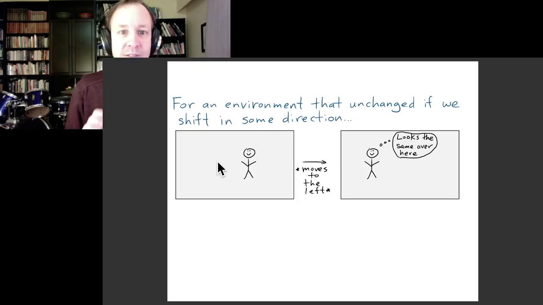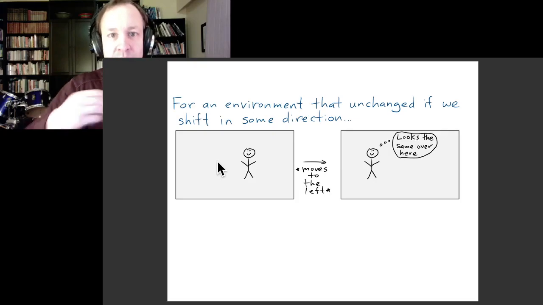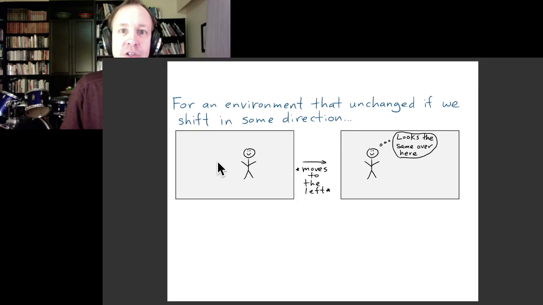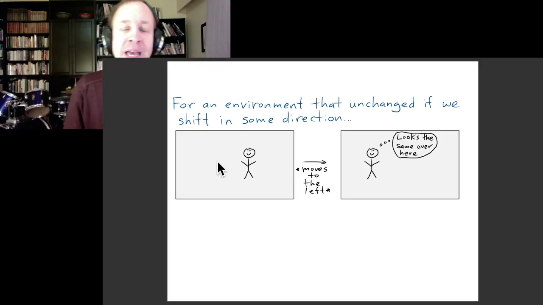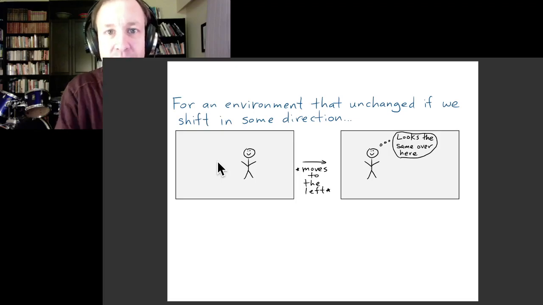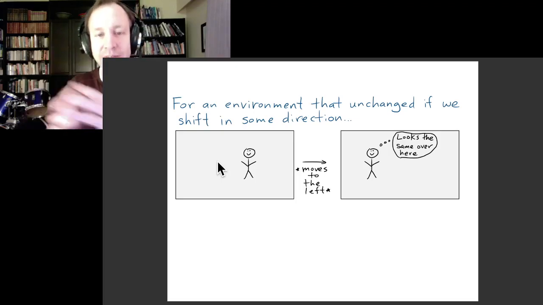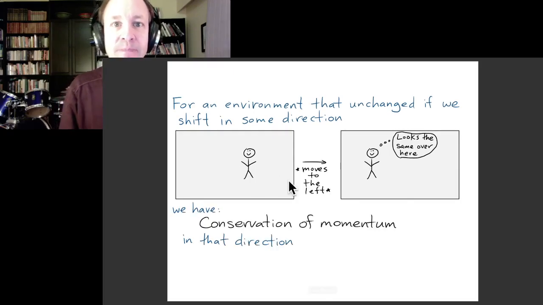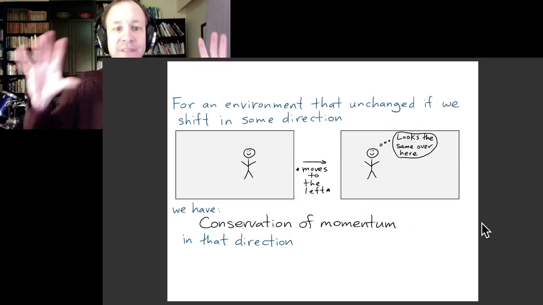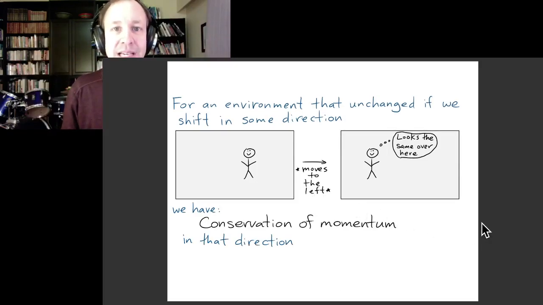According to Noether's theorem, there should be an additional set of conserved quantities. Because you could move in any direction and things will look the same, there should be some conserved quantity associated with each of those symmetries. What is this conserved quantity? It's the thing that we call momentum. So the shift symmetry of empty space leads to the idea of the conservation of momentum.